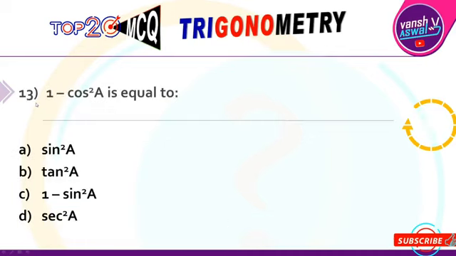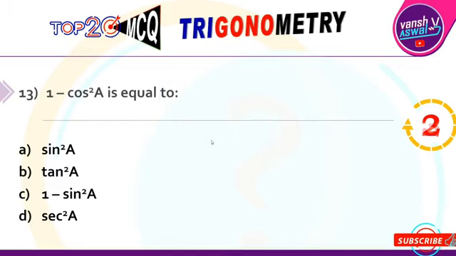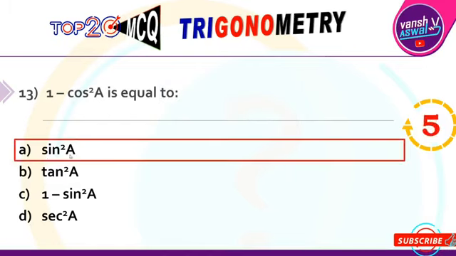Question number 13, 1 minus cos square A is equal to. Answer is option A, sin square A.